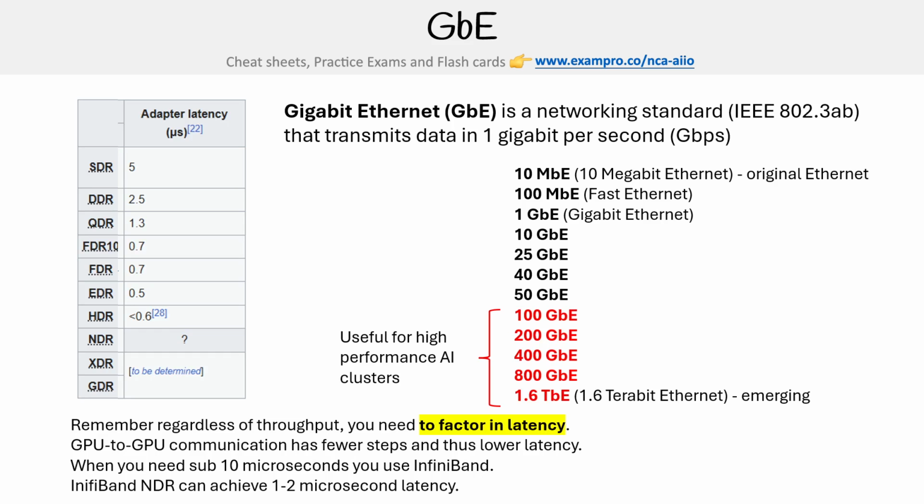But to be realistic, we could say 1 to 2 microseconds, though on paper it shows the adapter latency for NDR is very, very low. So if you get a question talking about throughput, factor in the latency you have to have, even with InfiniBand, with direct GPU to GPU communication. Consider that if it's not direct, there will be greater latency going through the CPU or other means.